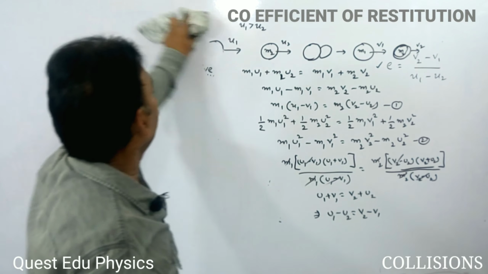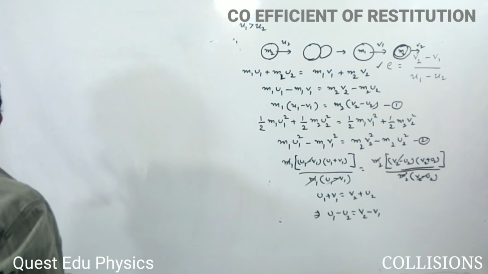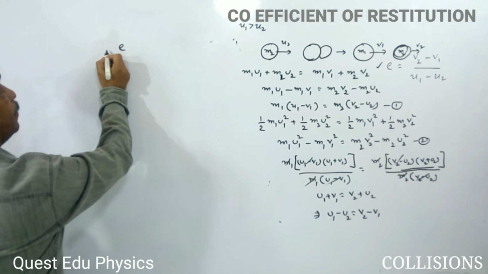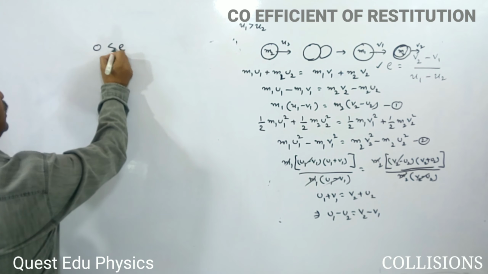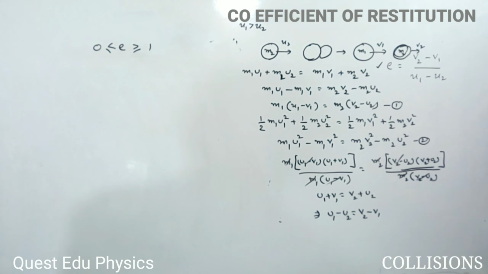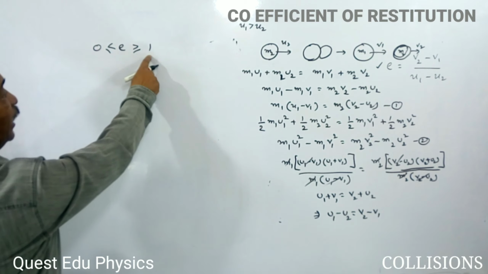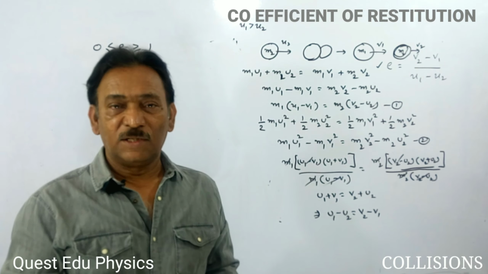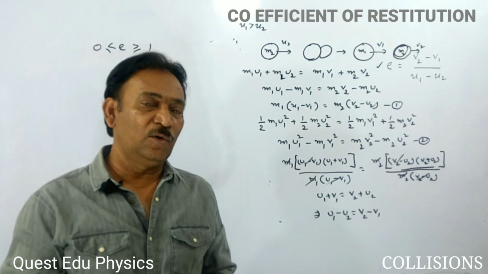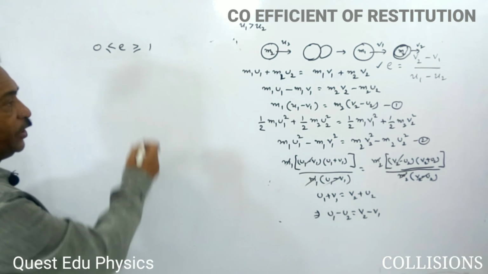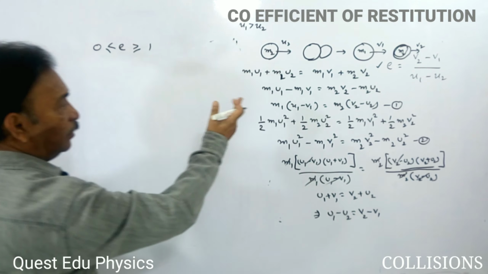I said E lies between 0 and 1, that is, 0 is less than or equal to E, which is less than or equal to 1. That means the remaining values lie between 0 and 1, and the collision is an inelastic collision. If you watch it clearly, you will find out why.